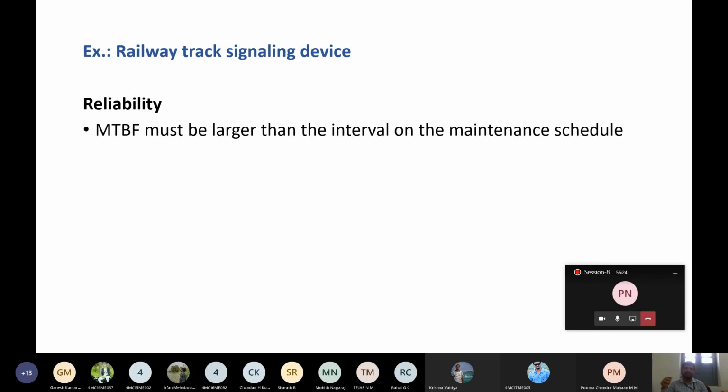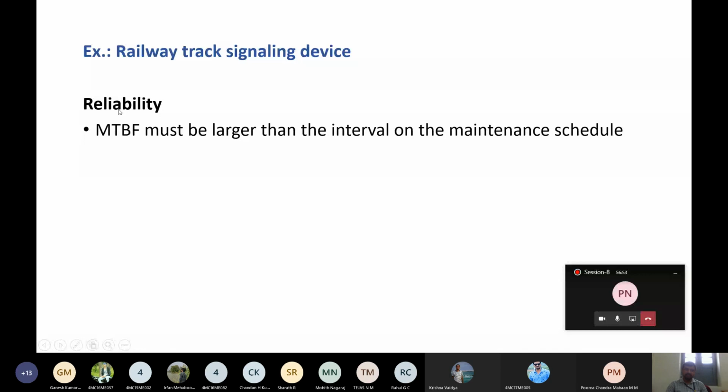For some it may be 1 year, for some components it may be 6 months. Like that, it will be defined. For most products or devices, failure will occur. No one can stop that, but the time interval must be specified by the company, so that the users of that product will take proper precautions to replace that component.